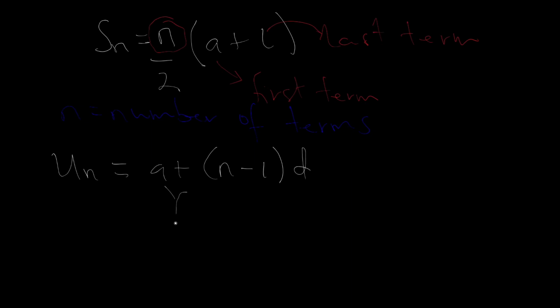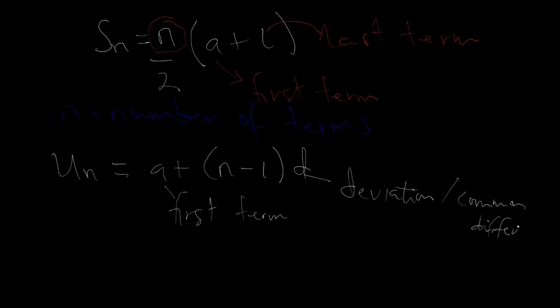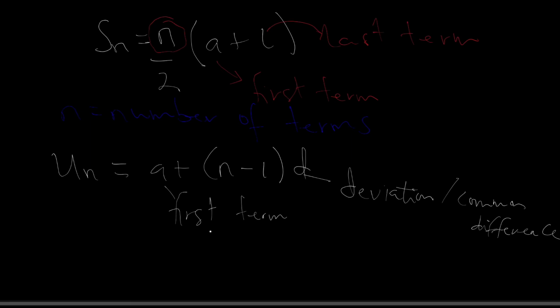And a is our first term, d is our deviation or common difference, and then Un is the term we are finding.